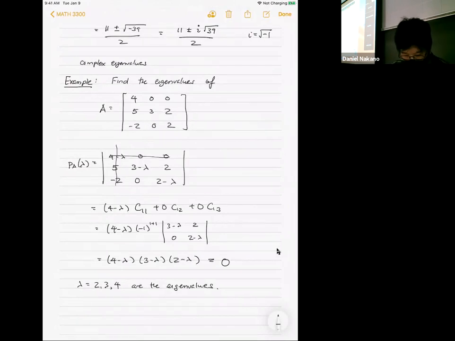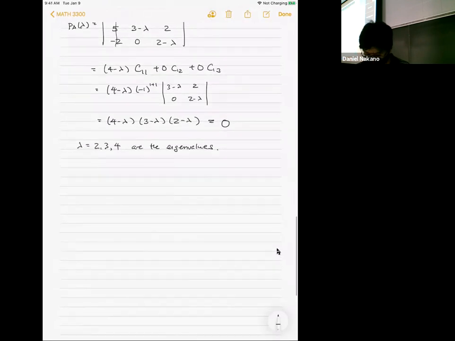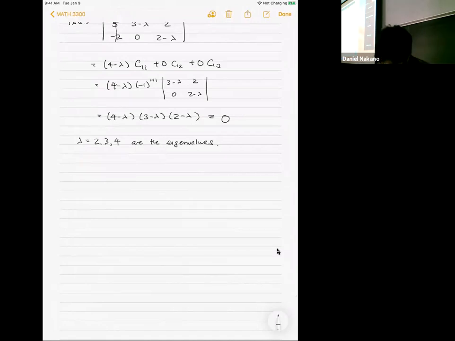Now, before we go on, I'd like to talk about something called similarity. And then we'll do more examples using eigenvalues and eigenvectors. I'll bring in the eigenspace in a moment. So let's talk about this notion of similarity.